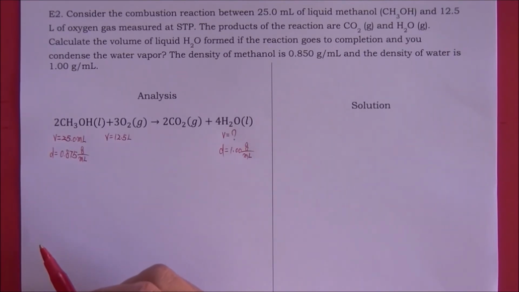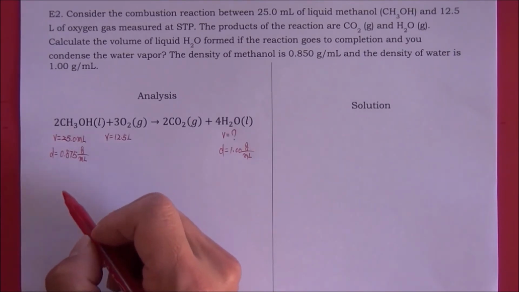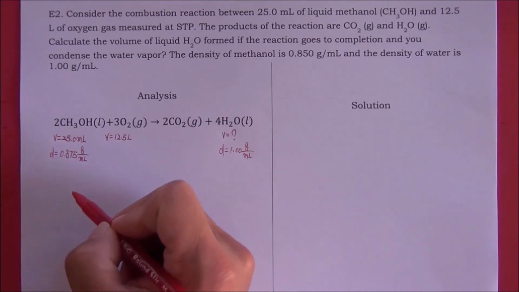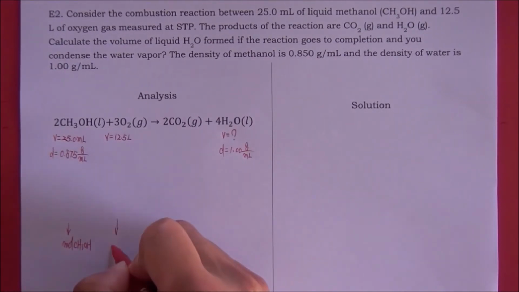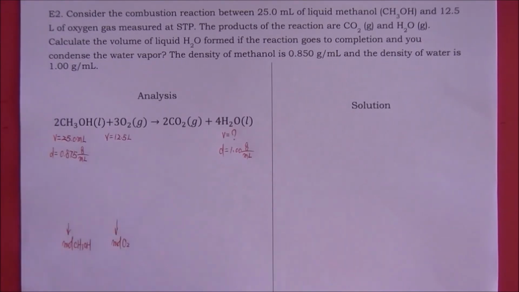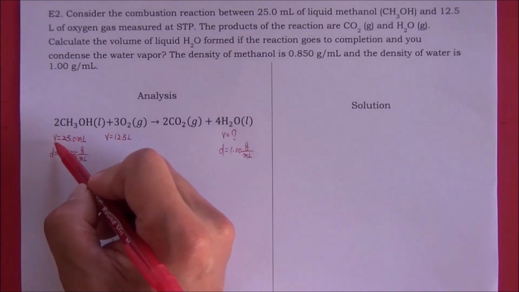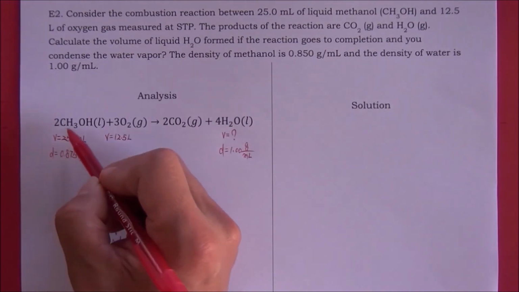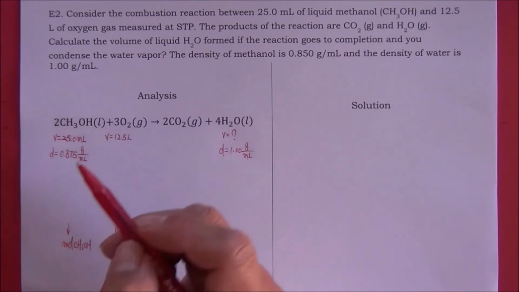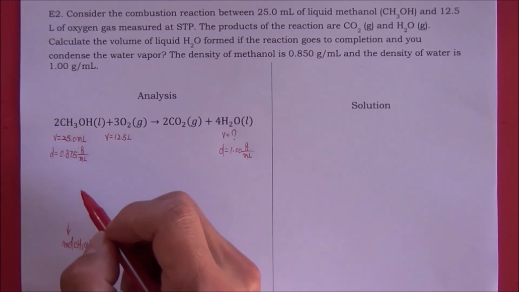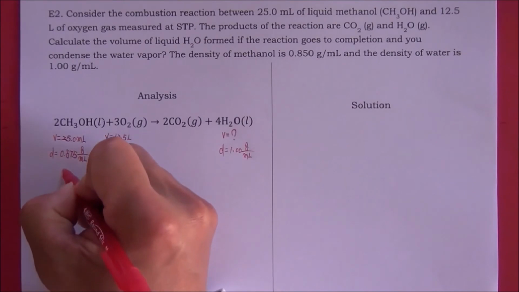Therefore, we need to find a way to convert what we are given to moles. Let's see if this conversion is possible or not. We know the volume and density of methanol. If you recall the density formula, we can easily convert to the mass of methanol.